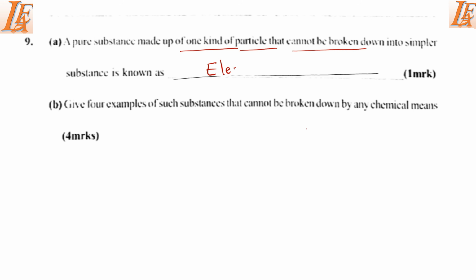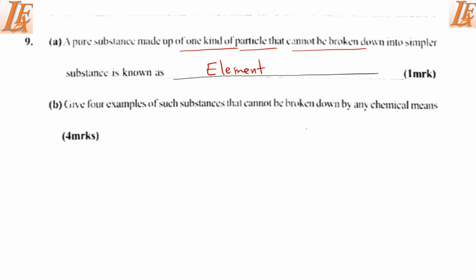An element is a pure substance that cannot be broken down into any simpler means by any chemical process. Then B, give 4 examples of such substances that cannot be broken down by any chemical means. So in this case, you can list any of the 20 elements that you studied.